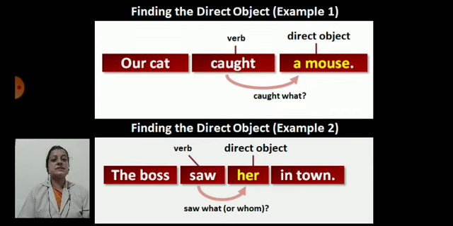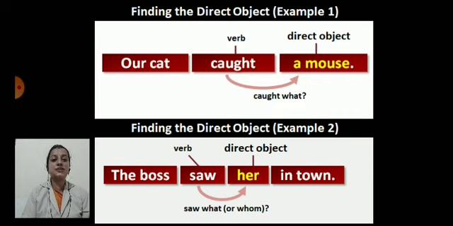The next example is: The boss saw her in town. The boss is the subject, saw is the action verb, her is the direct object. In town are the other words. Why is her the direct object? Because the boss saw whom? The boss saw her. So her is the direct object.